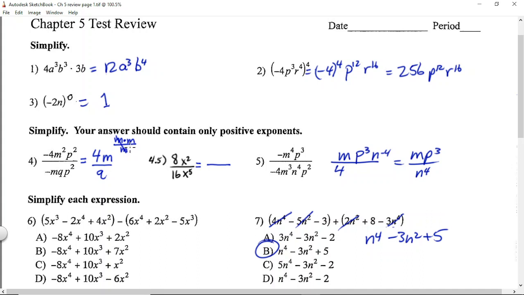The exponent was 2, so there were 2 m's, but there's 1 in the denominator that cancels one of those. So that's 2 minus 1, and it leaves just 1 m. And that's what we have in our answer, an exponent of 1. So that's why you subtract. You're really just canceling. Okay?